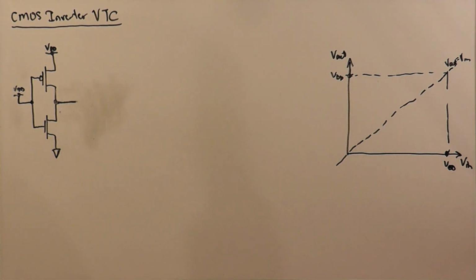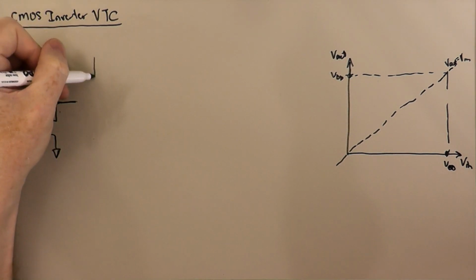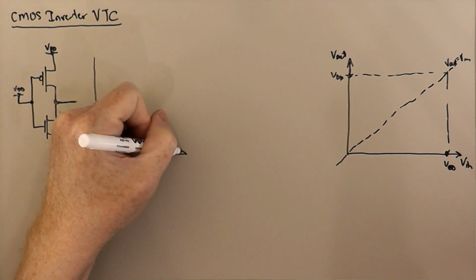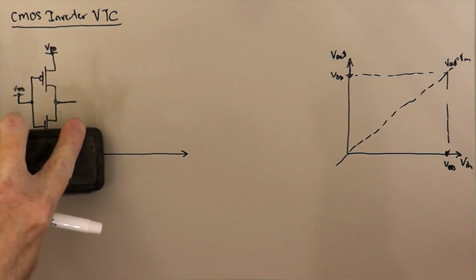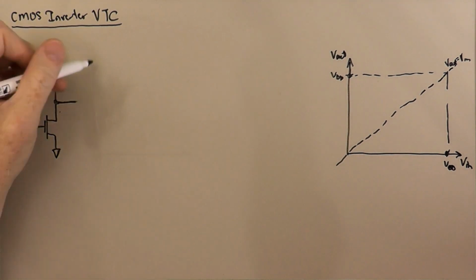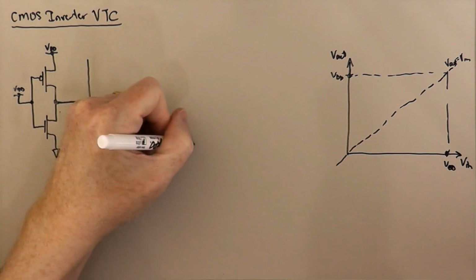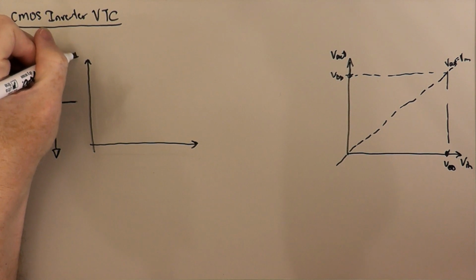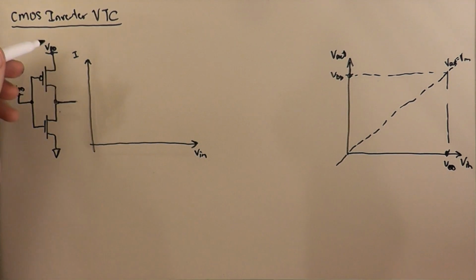And we're going to use 2 other plots here to help us out. One is going to be a plot of, I'm not sure if I have enough space to do this. I'll give it a shot. I'm going to call this I versus V in. So this is the current.